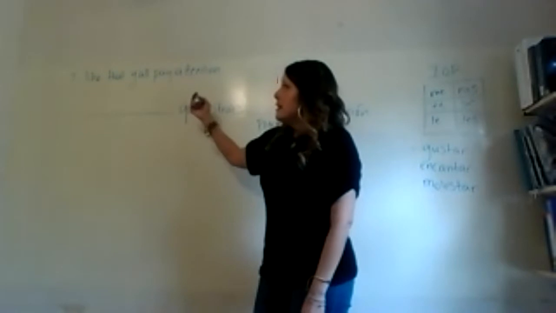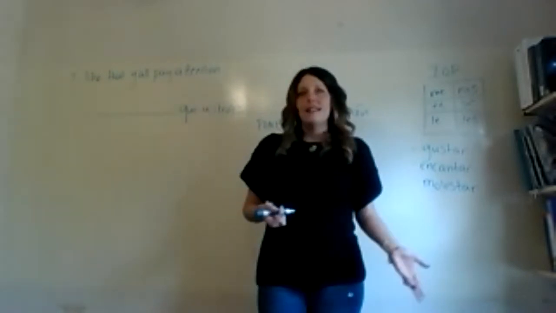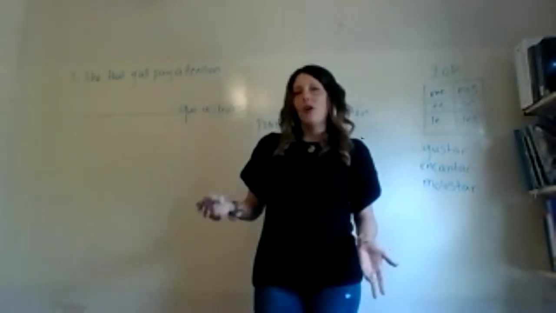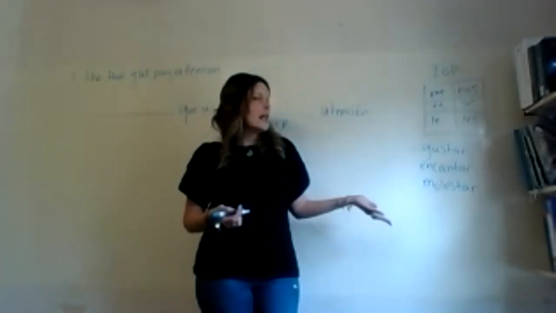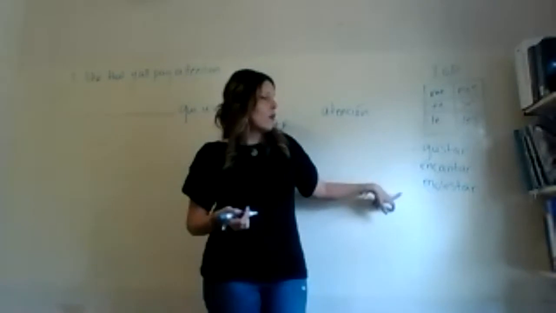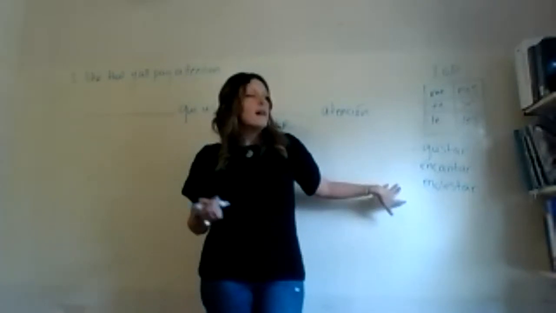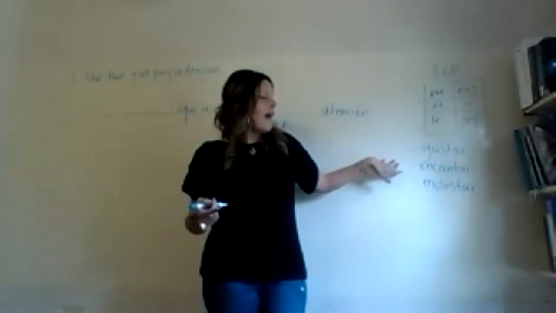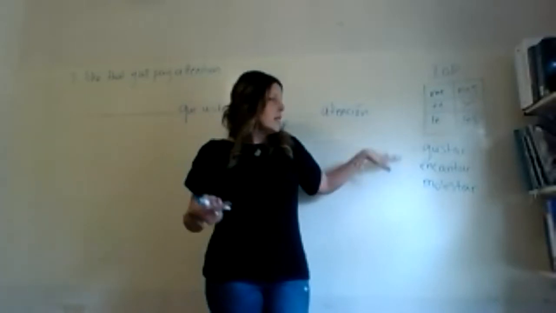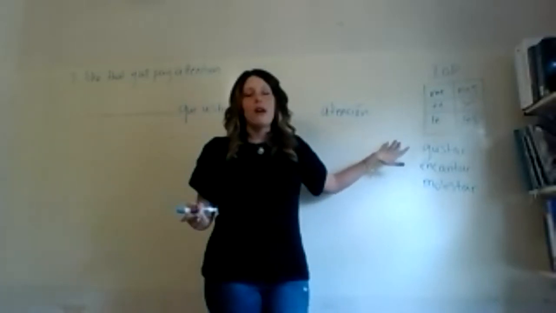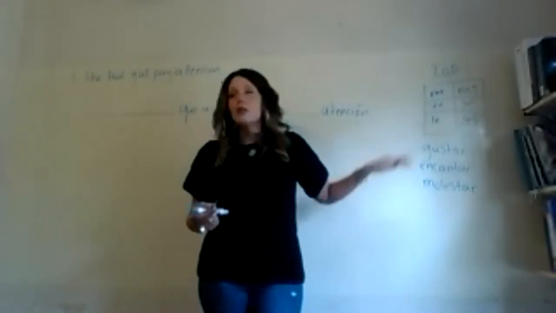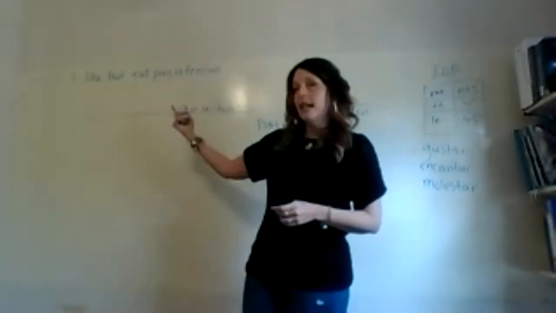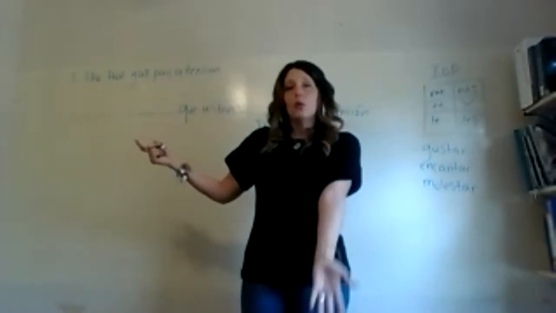If we want a sentence like, I like that you all pay attention, first we have to determine which one of these is when we talk about liking something: gustar, encantar, or molestar. Remember that molestar is when something is bothersome, encantar when you love something, and gustar when you like something. So obviously in this sentence we need to use the verb gustar, and we're saying I like, so who likes that?